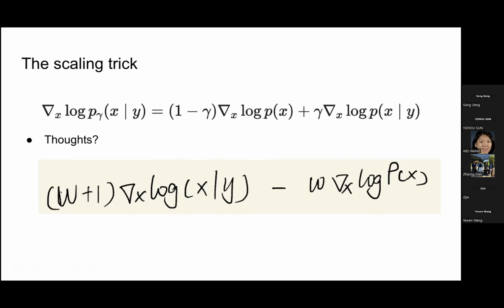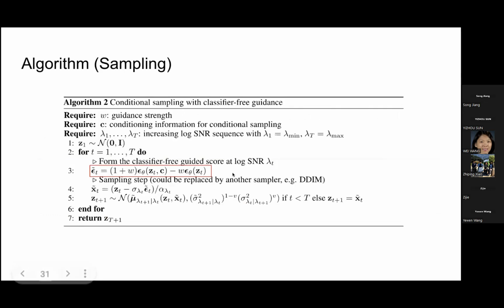That's my understanding. And that's classifier-free guidance. The point is that we don't need an extra classifier. We only have one model, but the cost is that we need to do two rounds of sampling, right?